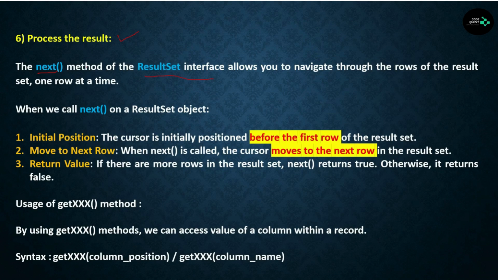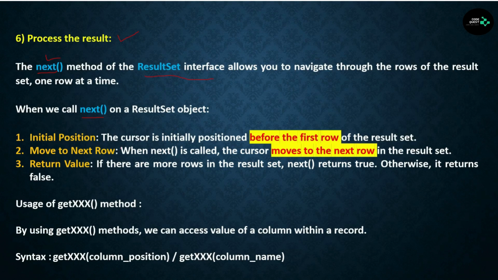Each time I call next, it finds out whether there is a record available or not. And if it is available, it is going to return true.